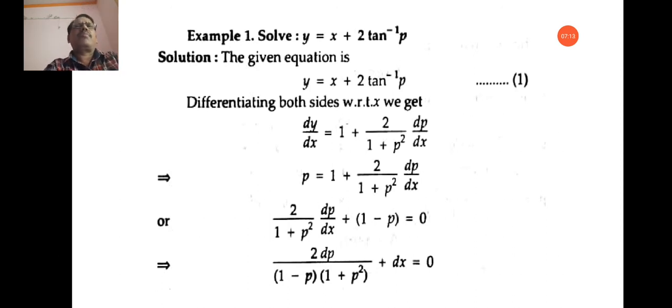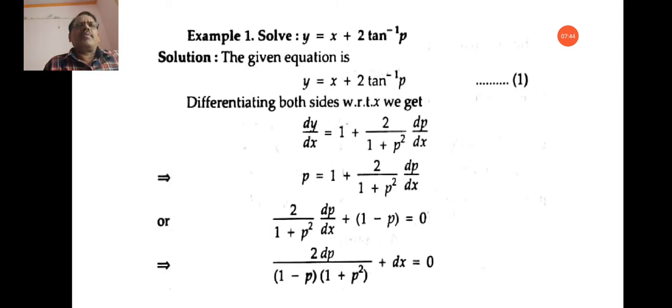So differentiation of tan inverse of p is 1 by 1 plus p square into differentiation of p with respect to x, that is dp by dx. So dy by dx as p is equal to 1 plus 2 by 1 plus p square into dp by dx, or 2 by 1 plus p square into dp by dx plus 1 minus p is equal to 0.